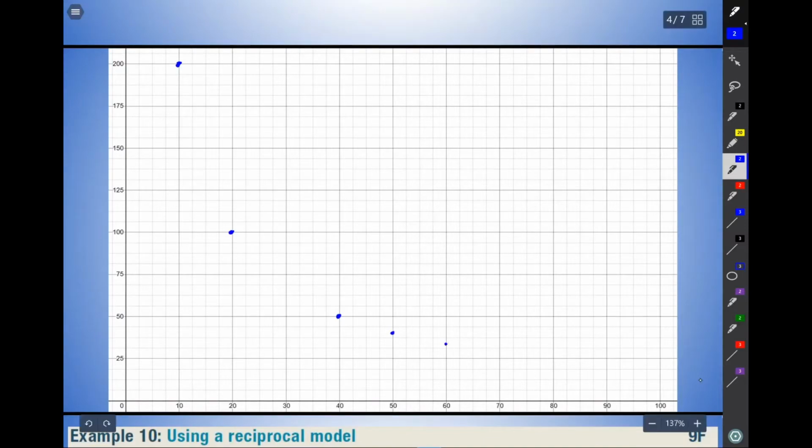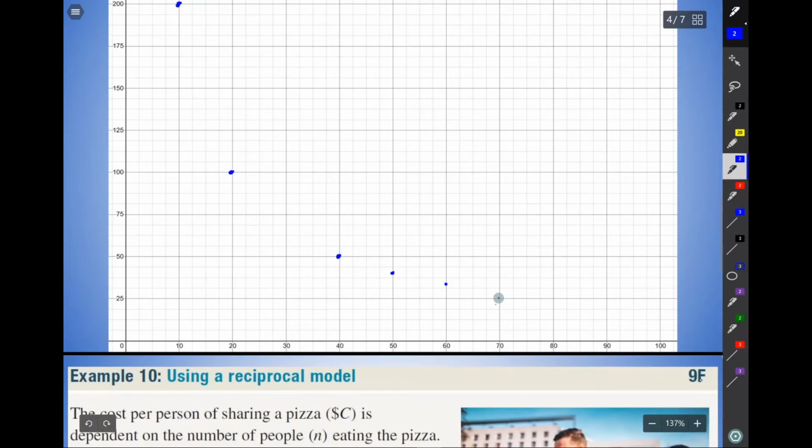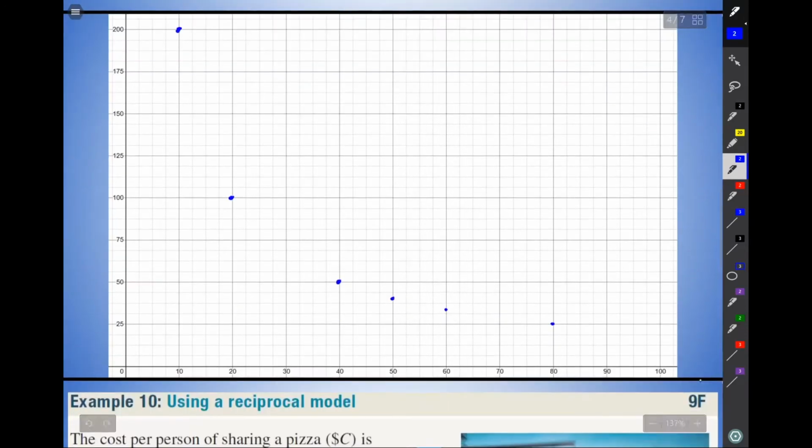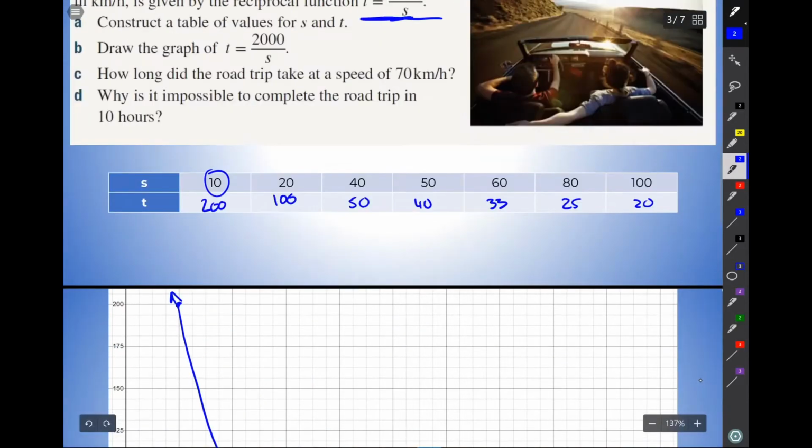So 33 is about there. At 80, we're at 25. And then we come all the way down to 20. Alright, and let's just draw our curve. Something like that.